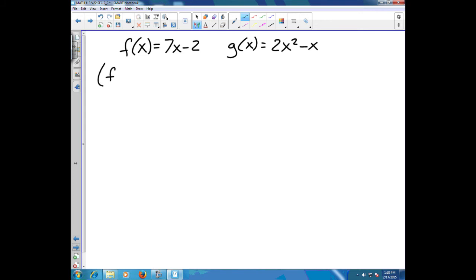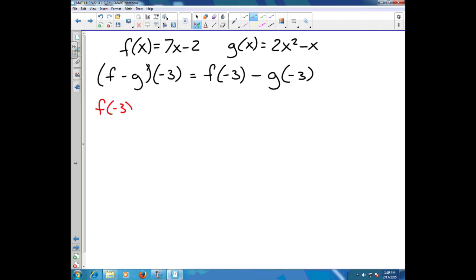So we want f minus g of negative 3. So that's f of negative 3 minus g of negative 3. So we're going to plug negative 3 into both functions. F of negative 3 is just 7 times negative 3 minus 2, which is negative 21 minus 2, which is negative 23.